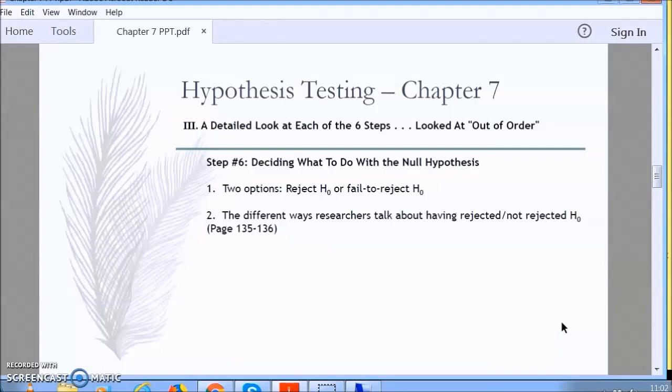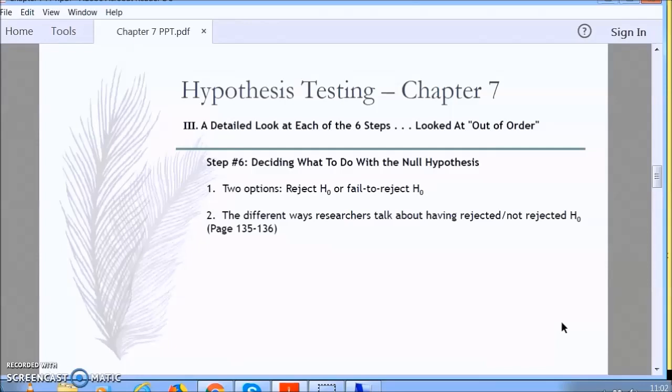The different ways researchers talk about having rejected or not rejected the null hypothesis are seen on pages 135 and 136 of your book. For example: the null hypothesis was tenable, or H0 was accepted, or no reliable differences were observed, no significant differences were found, the result was not significant.